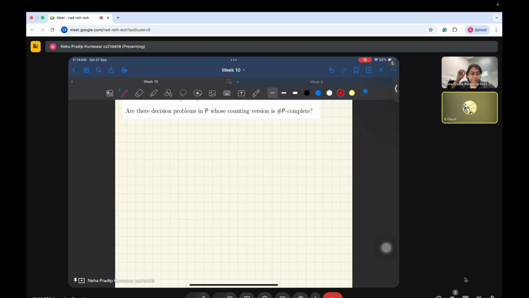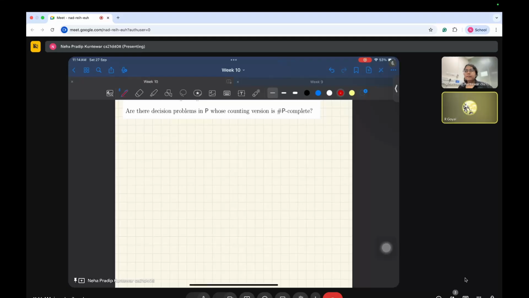So if a problem is in P, can it be the case that its counting version is in #P-complete? Instantly, I wanted to say no, but let me think of some corner cases. Can this ever happen?